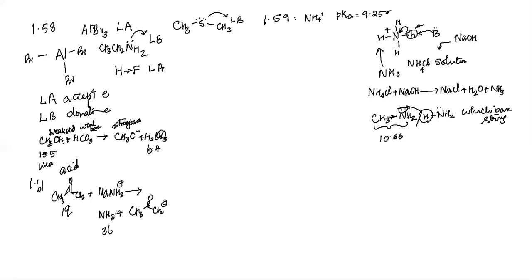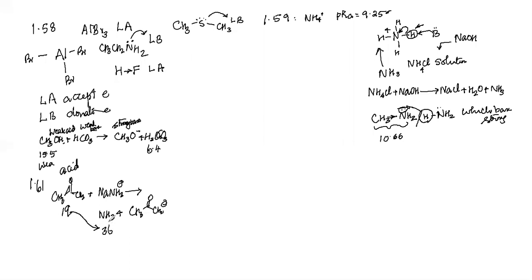Ammonia is an acid here, with a pKa value of 36. So I told you just now, the pKa has to increase. Here you can see the pKa has increased. The pKa of the acid on this side is 19, and the pKa of the acid on the other side is 36.